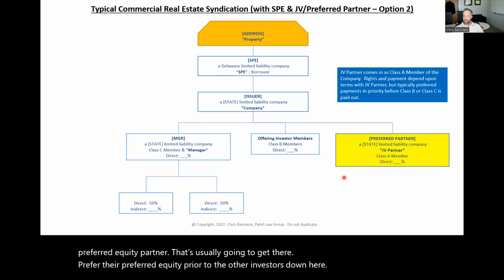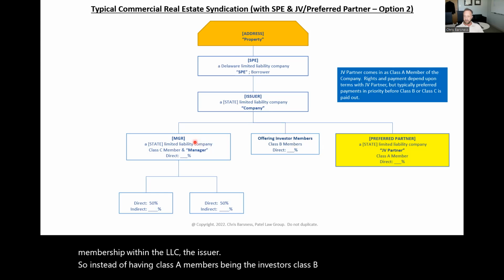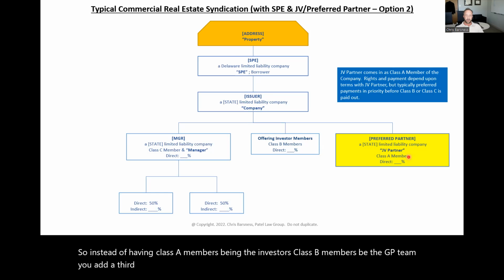Another way to bring in a JV partner is to have a separate class of membership within the LLC, the issuer. So instead of having Class A members be the investors and Class B members be the GP team, you add a third layer: Class A for your preferred, Class B for regular, or common, investors, and then Class C for the management entity.